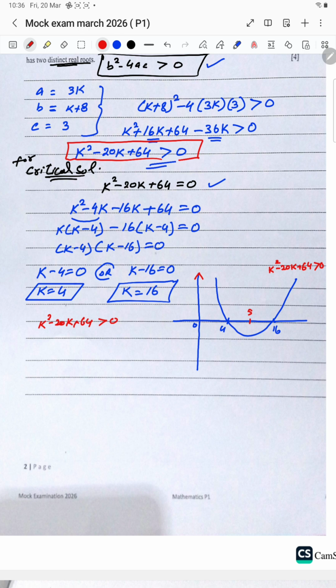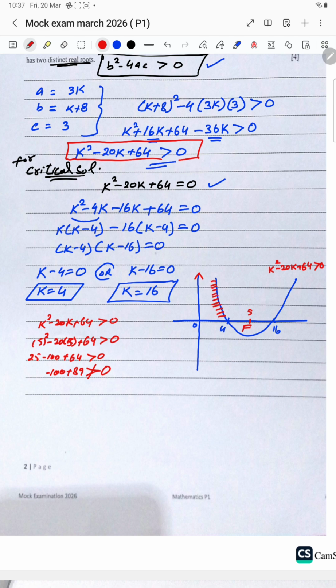Replacing the value 5, we get 5 square minus 20 times 5 plus 64 bigger than 0. Let's check whether it's true or wrong. It's 25 minus 100 plus 64, which is not bigger than 0. So this region is going to be the false region.